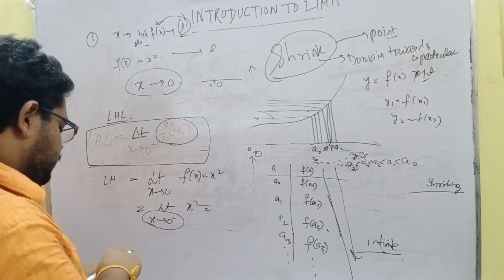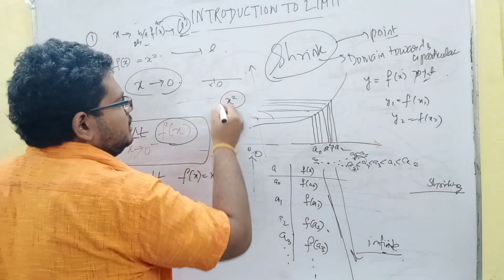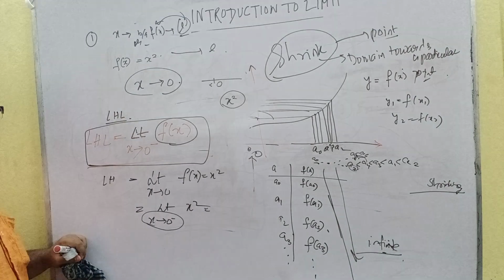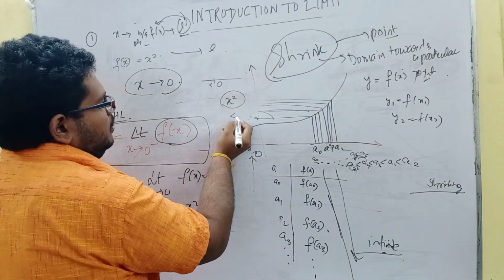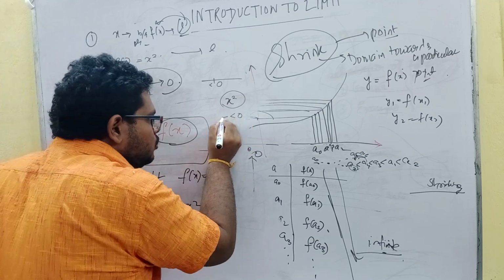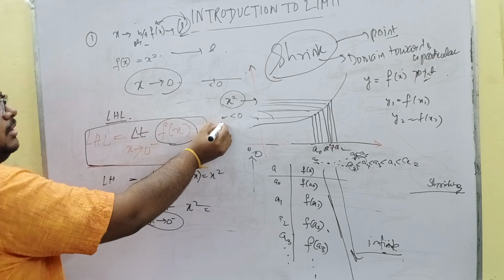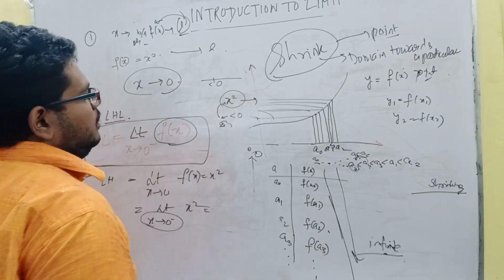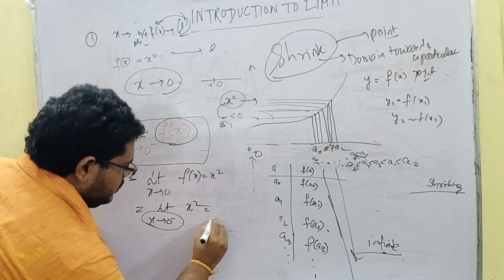So there is a problem, because these are mathematical variables, the x square and x cube. We can put any number which is less than 0, but we don't know that number to find this value. We don't know which number x naught we are putting, and we can't find the value because this is a mathematical variable. So what to do?